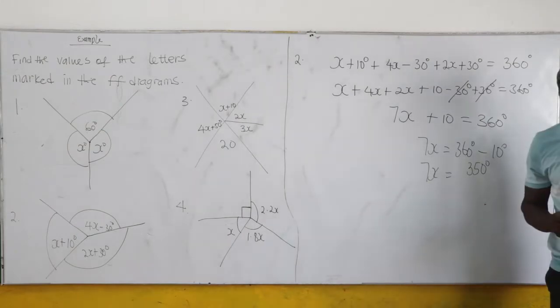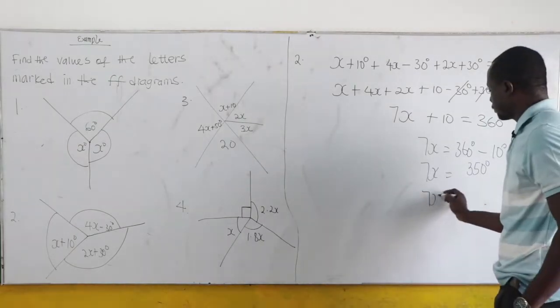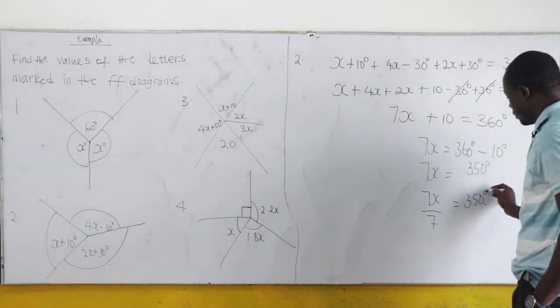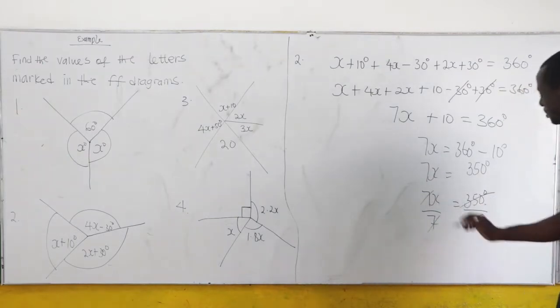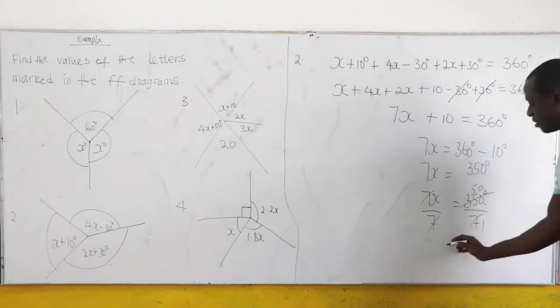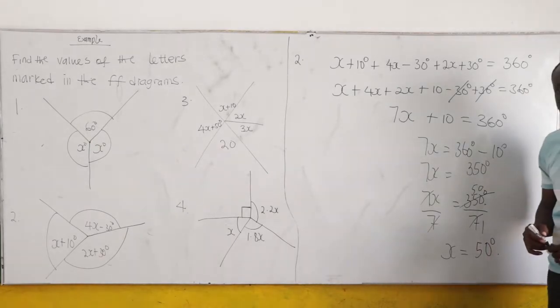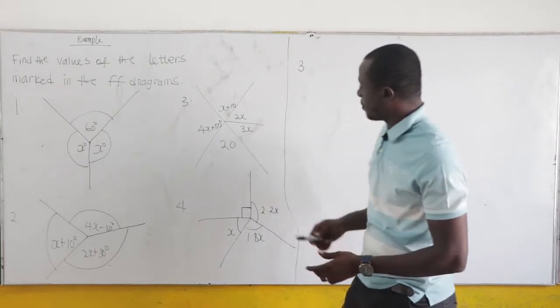We divide both sides by what is multiplying the x, which is 7. 350 all over 7. This is cancelling out that 7. 7 going into 35, 5, 7 going into 0, that is 0 times. So you have our x to be equal to 50 degrees. This is very, very trivial. Now let's consider the third question.